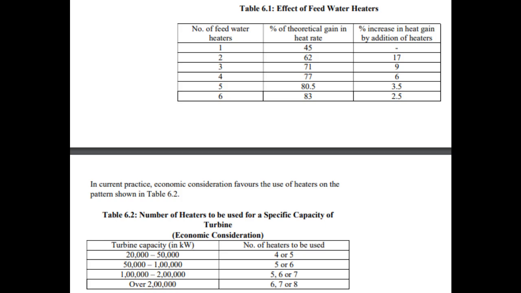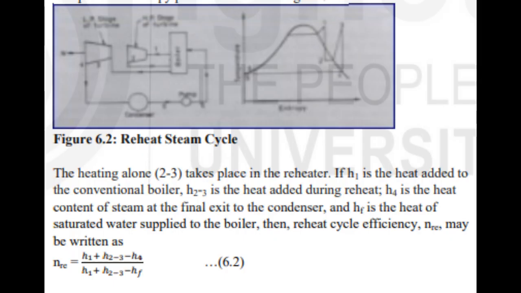This reheating or resuperheating of steam is now universally used when high pressure and high temperature steam conditions, such as 98 to 246 kg/cm2 and 510 to 620 degrees Celsius, are employed at the throttle. In plants of still higher pressures and temperatures, double reheating may be used.